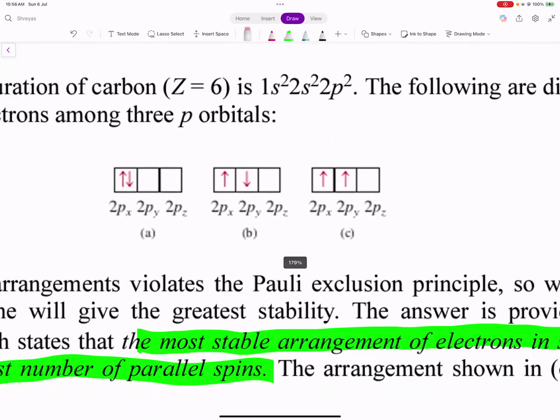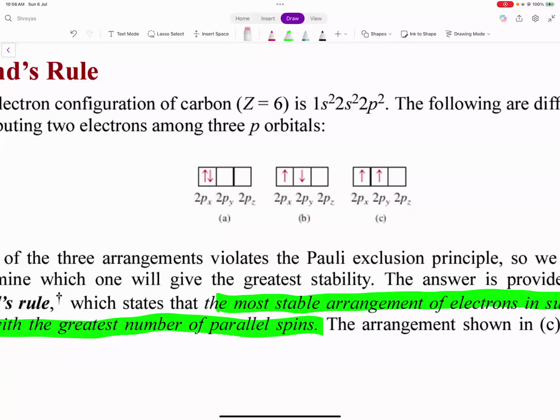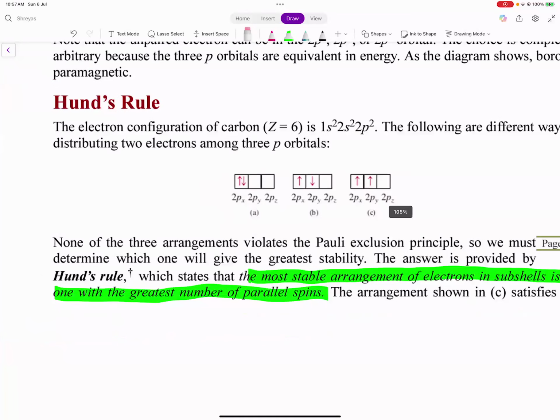See, I have to fill 2 electrons. So these are the possibilities. I'll fill it like this. In A and B, the spins are cancelling each other. So C is the most stable.